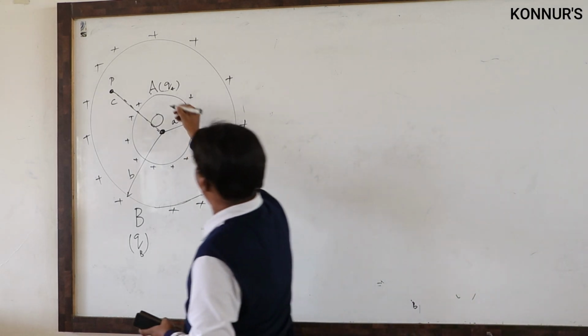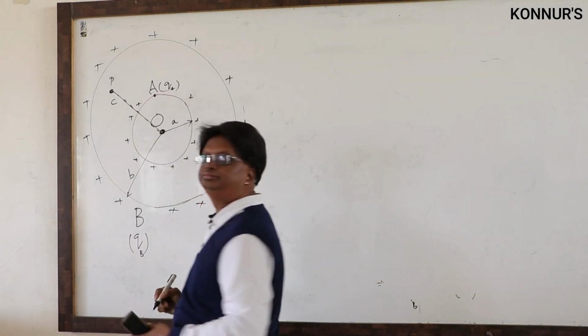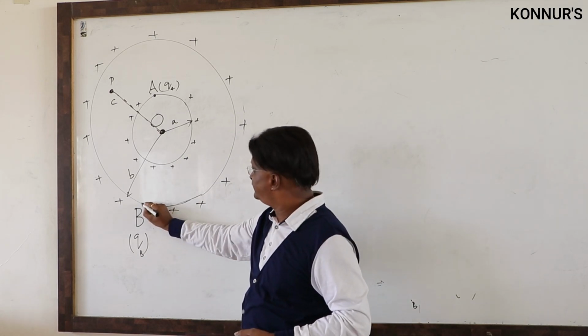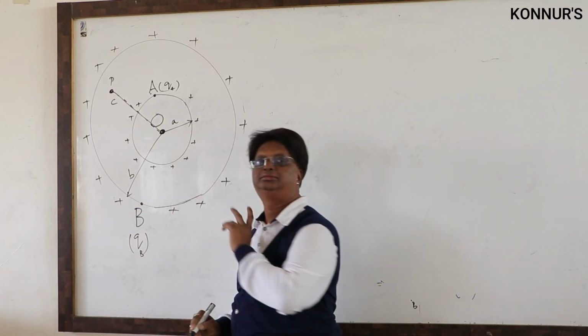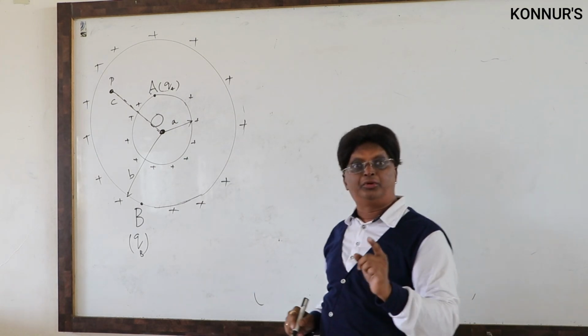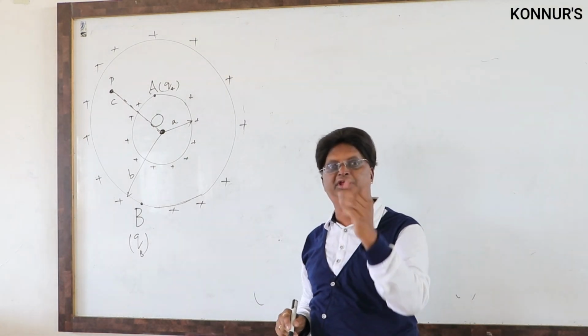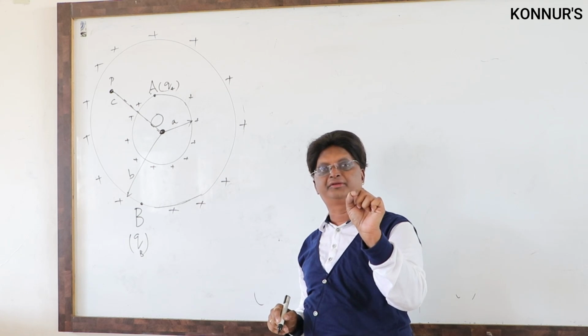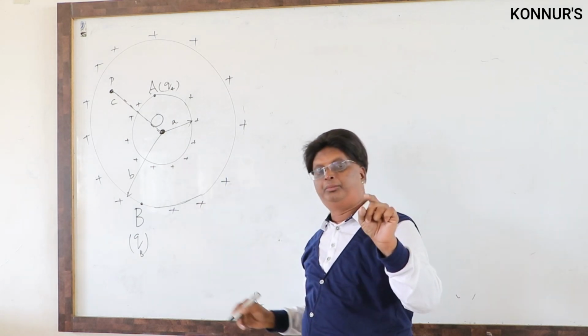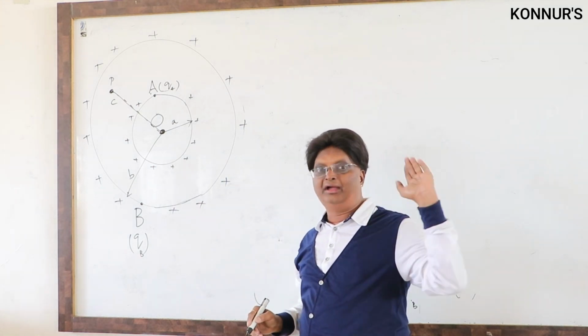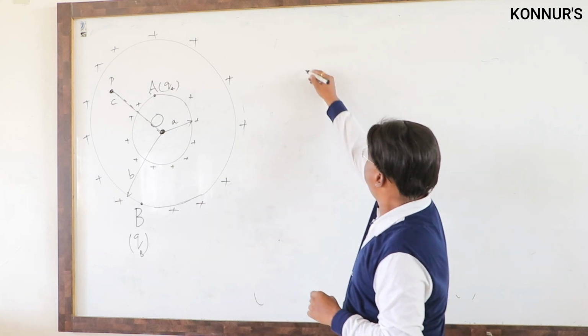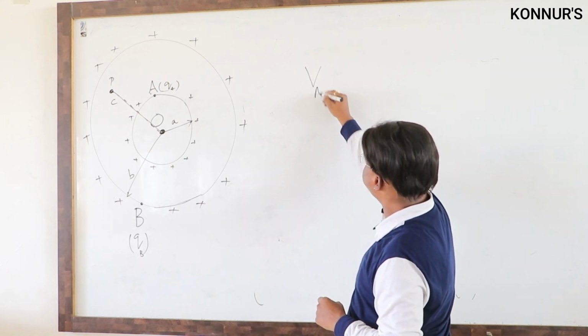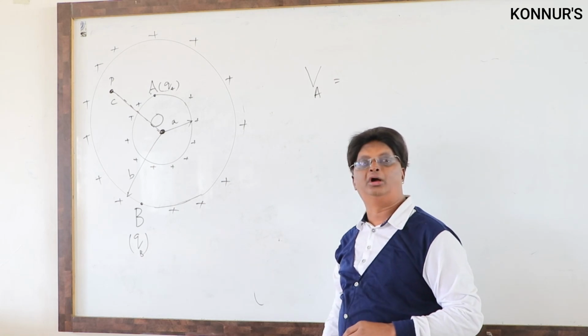Now, let me consider A itself as a point on the inner shell, B itself as a point on the outer shell. Now, what do I do here? I want the potential difference. Therefore, initially I will calculate the potential on the surface of A and the potential on the surface of B, as we did earlier. Now, I hope you will now do along with me.